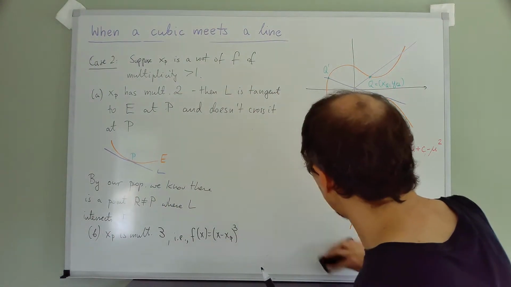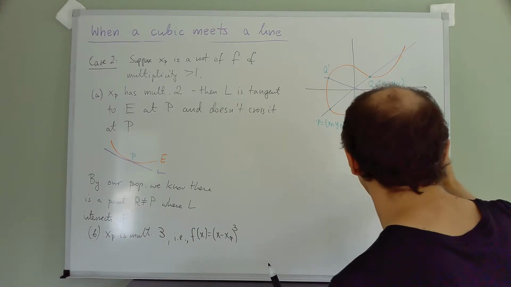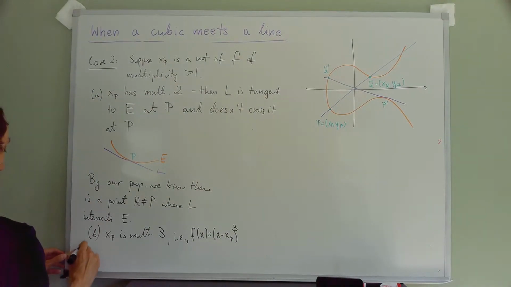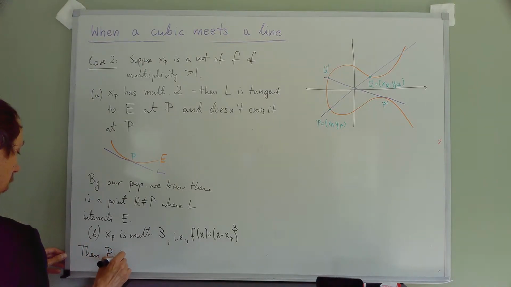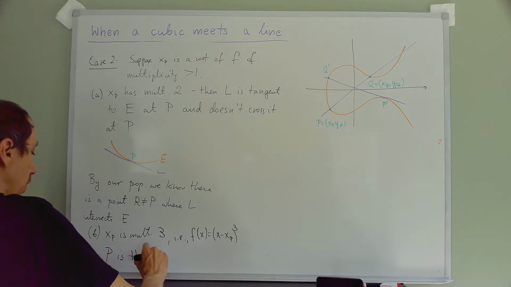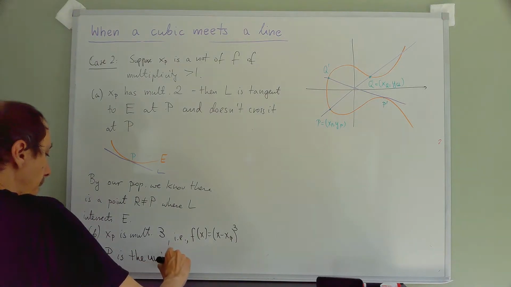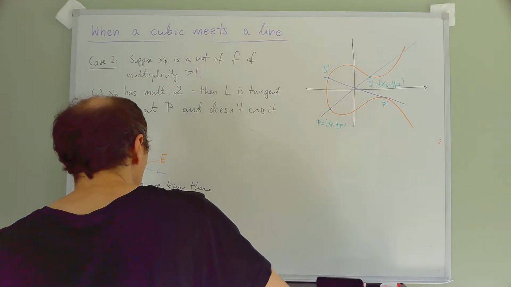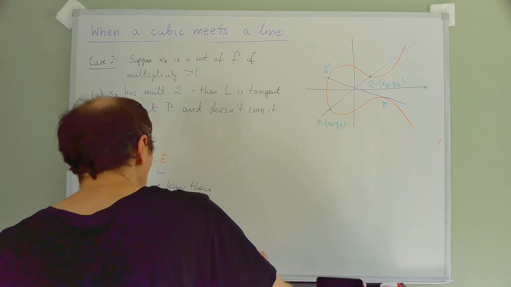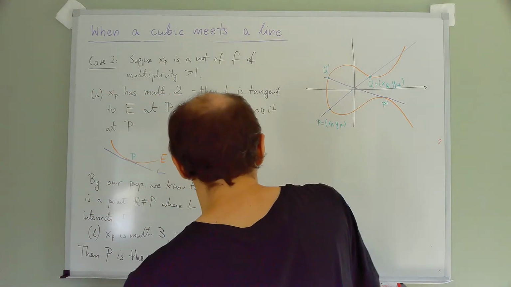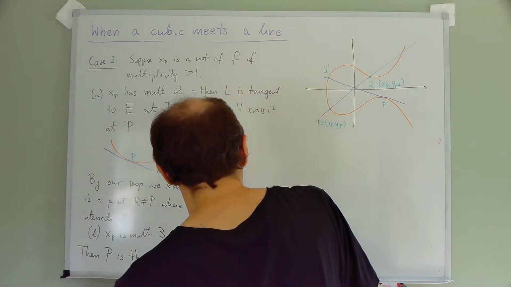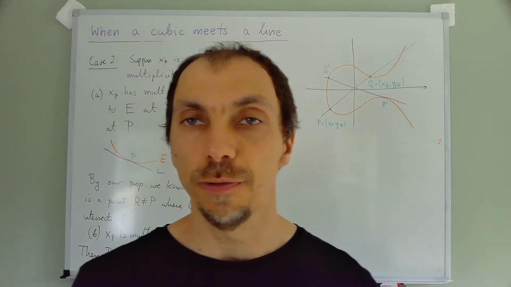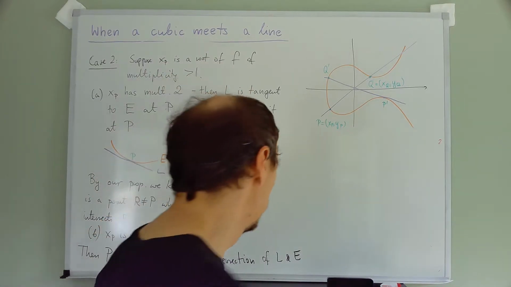So first of all, the line intersects the curve only at one point, only at P, right? Then P is the unique point of intersection of L and E. And the line is actually tangent to the curve at that point, but it crosses it.